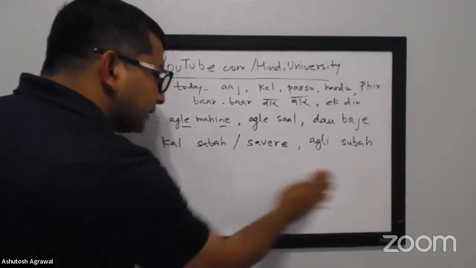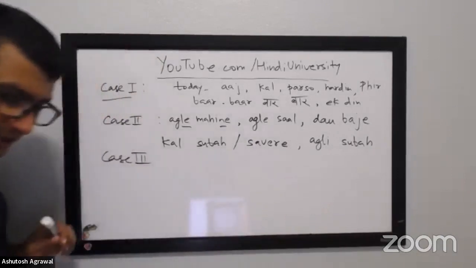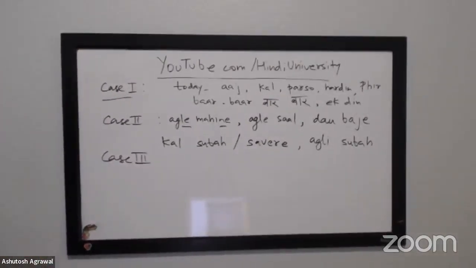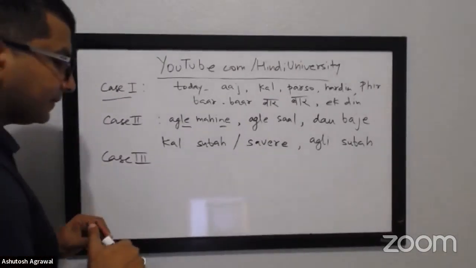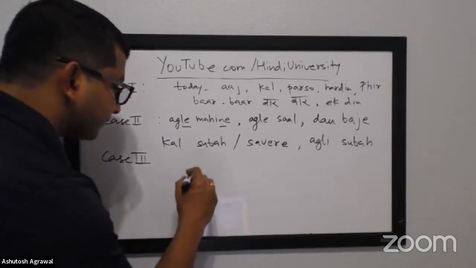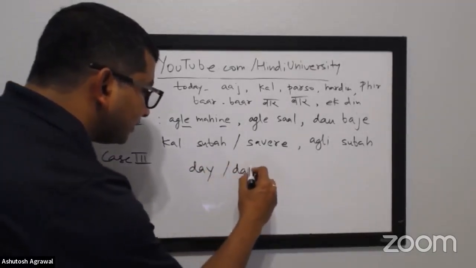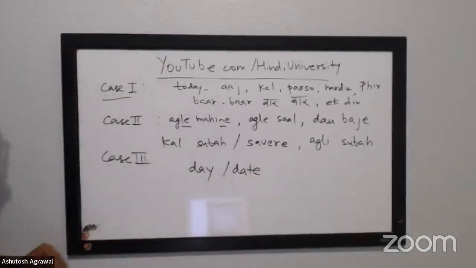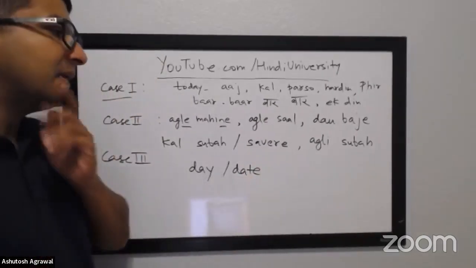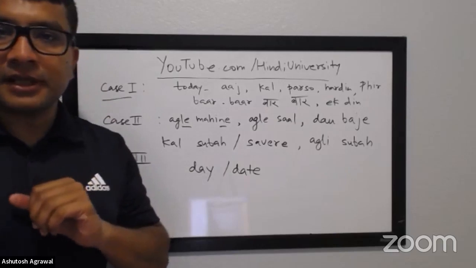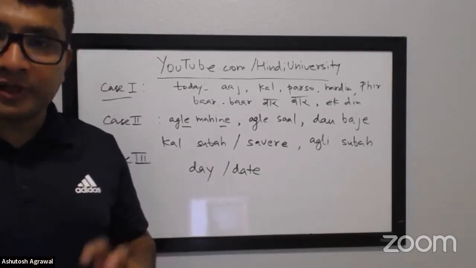The third category is basically when you're talking about a particular day and a particular date. That's when you will end up using postposition, and there are cases where you may not use them.